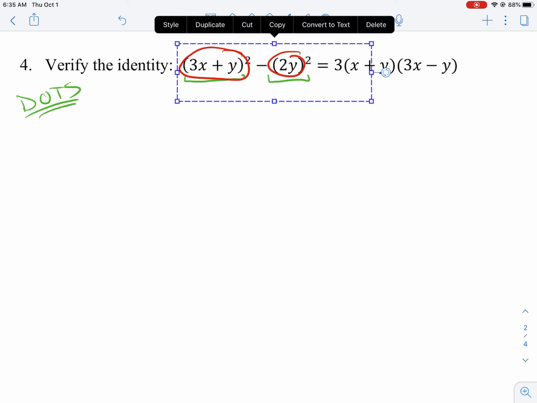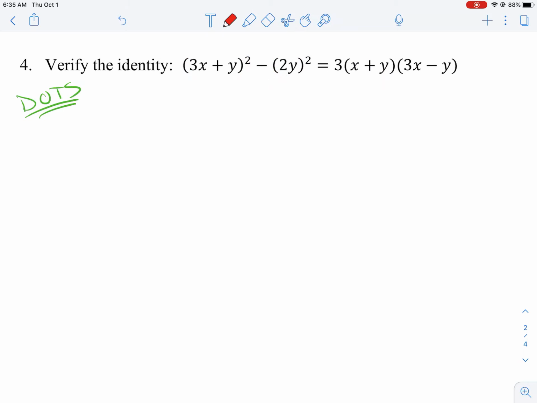Okay, so let's simplify that guy. So I'm going to go 3x plus y. Right, don't forget a squared minus b squared is equal to a plus b and a minus b. So in this case, our a is what we have in here, and our b is what we have in that parenthesis.